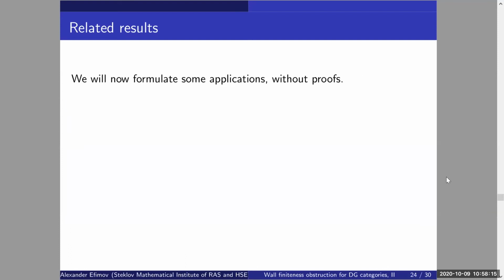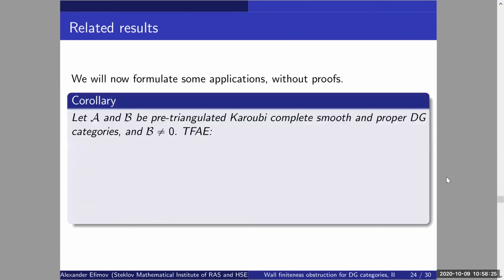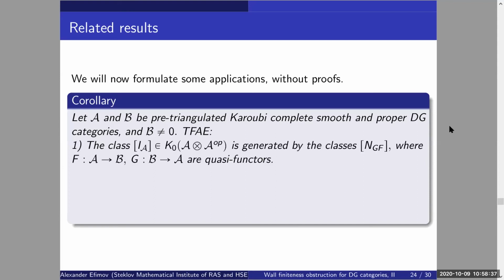Okay, so now we'll formulate some applications. It is easy to see that they follow from this theorem. So first, let's again specialize to smooth and proper DG categories, and again B is non-zero. Then the following conditions are equivalent.